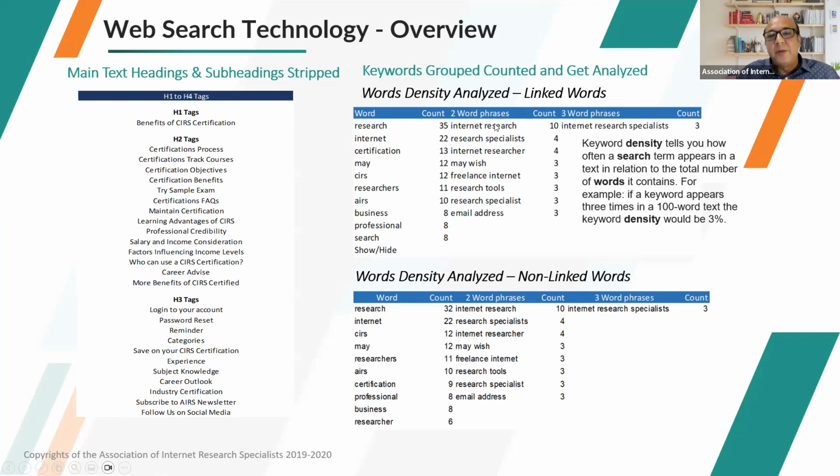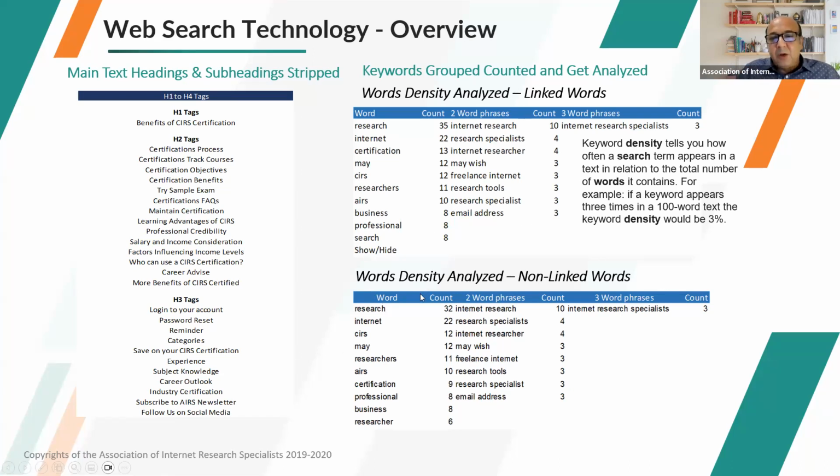So it is 2 word phrases. Internet research, research specialist, internet research. These are counted as 2 words, and then it goes as high as 3 words, nothing more. So as much as we know, it is ranking not more than 3 words at one time to give the attribute of density of words on that particular page.